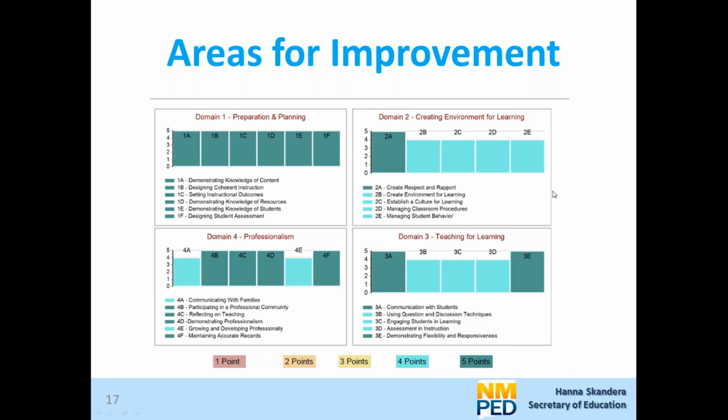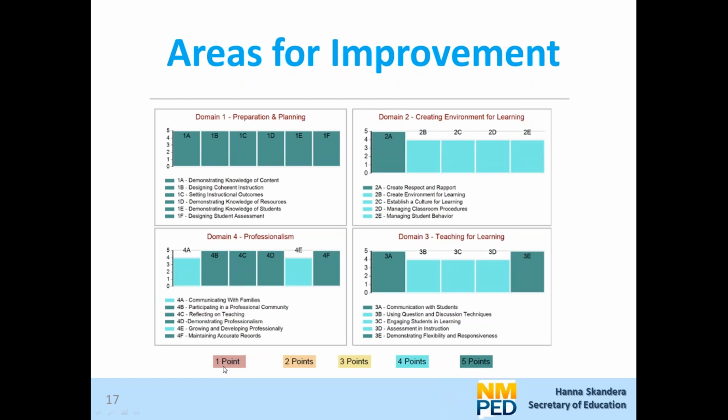In domain 2, the teacher still has room to grow in 4 out of the 5 indicators. In domain 3, the teacher still has room to grow in 3 out of the 5 indicators. And in domain 4, the teacher has room to grow in 2 out of the 6 indicators.